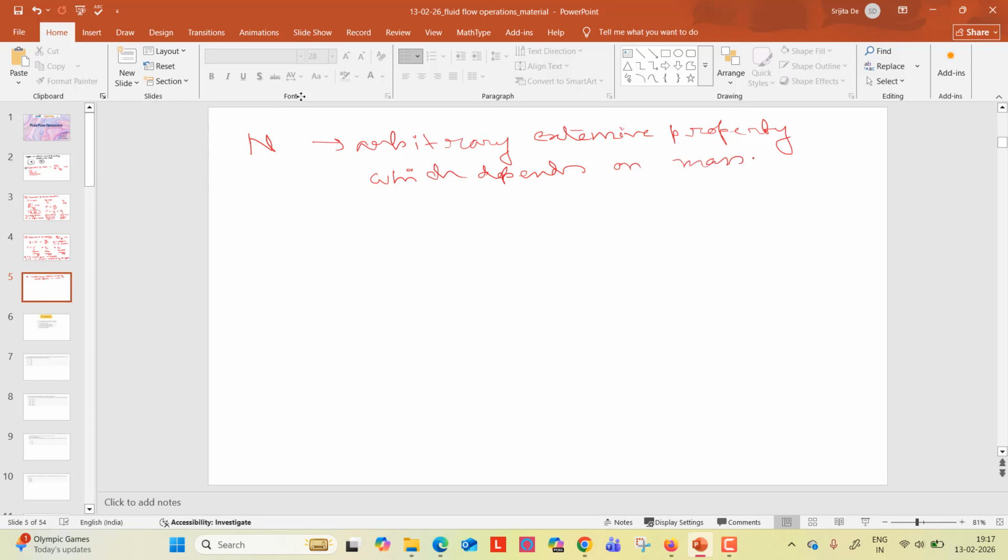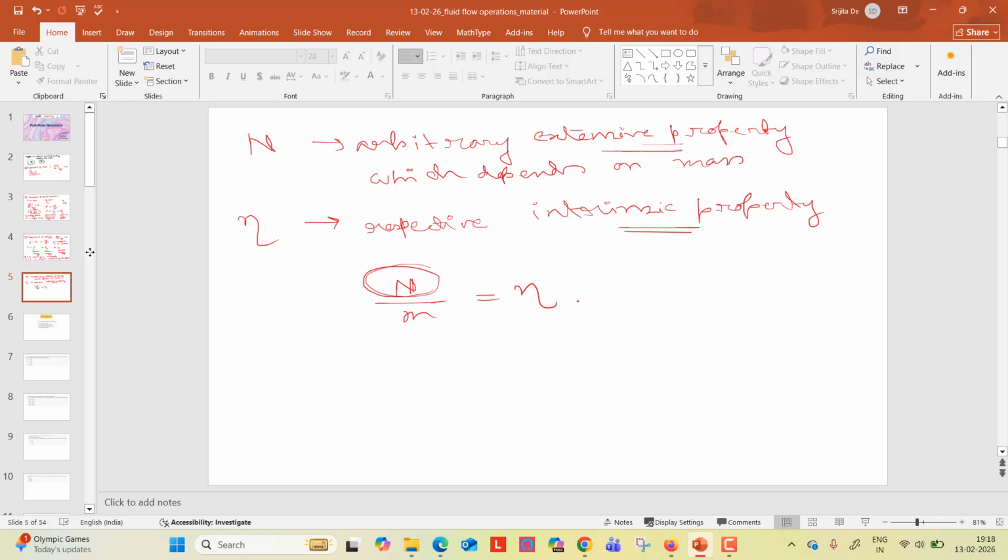And there is another property which is eta, the respective intrinsic property. Extensive property means it contains mass, and intrinsic property means it does not contain mass. Something is divided by mass, that means N by M is your eta. When something is divided by its own mass, that is the intrinsic property.